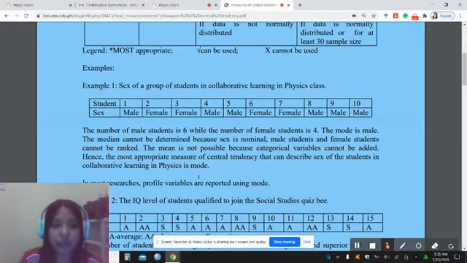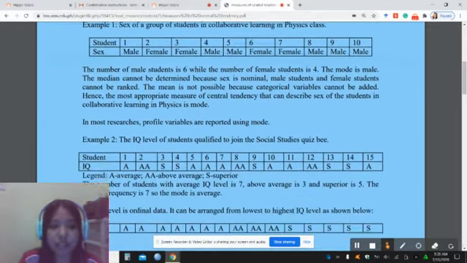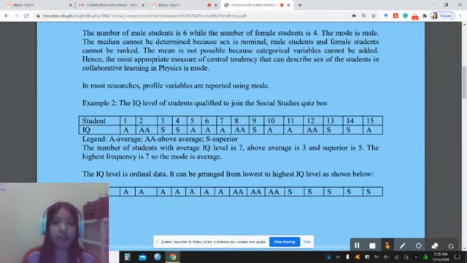Then, let's consider another example. IQ level is an example of ordinal data. Just like example number one, we observe the highest frequency. A represents average, double A is above average, and S is superior.